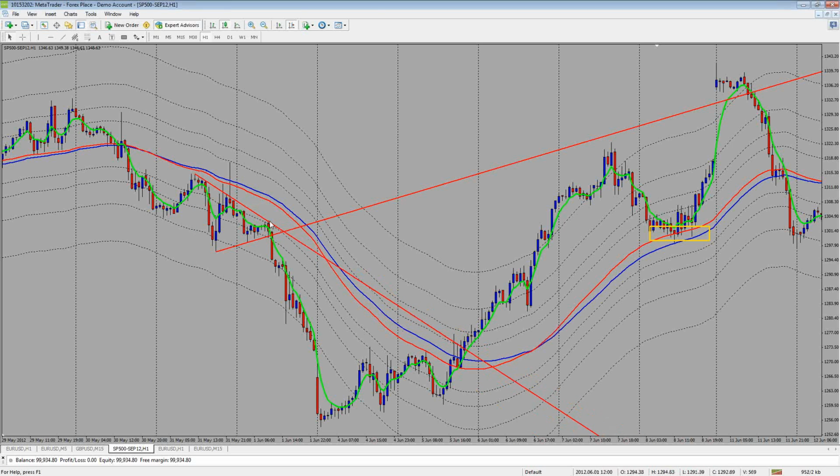Around here it breaks the triangle, and you can see how these levels also serve as resistance. So we can see convergence, resistance of this level, a break of the price, and continuation of the price.